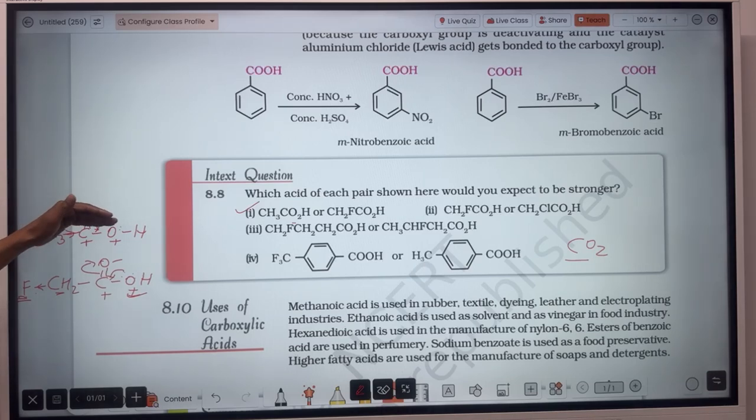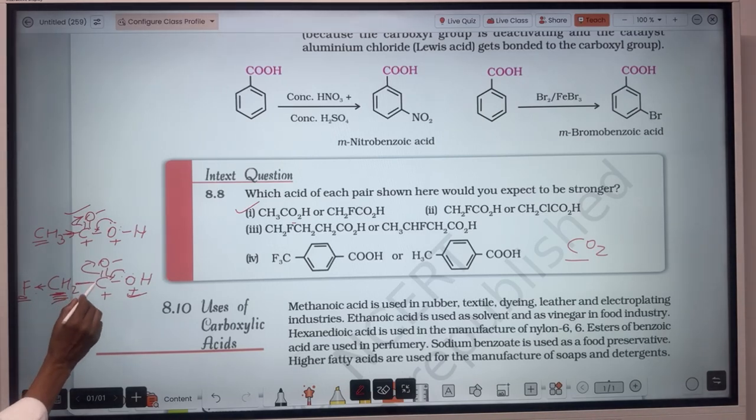Now compare the first case and the second case. In the second case, this methyl group is not capable of donating its sigma electrons towards this carbon atom. Instead of donating electrons, it will attract the electron from this carbon. So here the stress on this OH bond will be more. Here the stress on this OH bond is less.